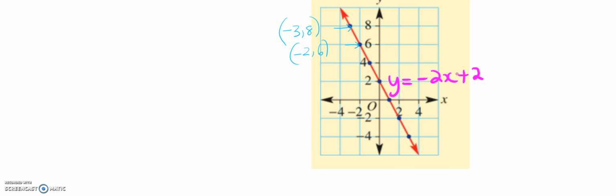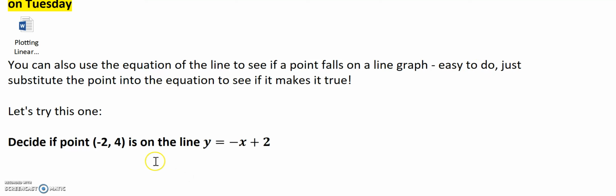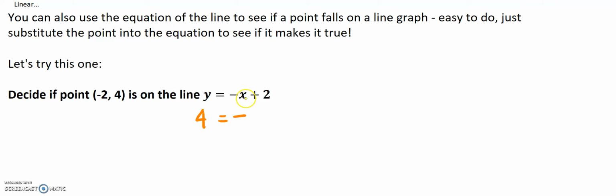Okay, now another thing that's important is you can also use the equation of the line to see if a point falls on a line graph or not. And the easy thing to do is just substitute. So looking at that example over there, let's see. What that means is, when x is equal to -2, is y equal to 4 in that equation? Okay, so let's just see whether that's true or not. So y is 4, and that is equal to -x plus 2.